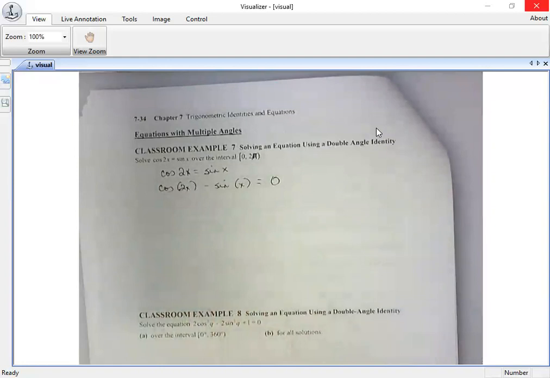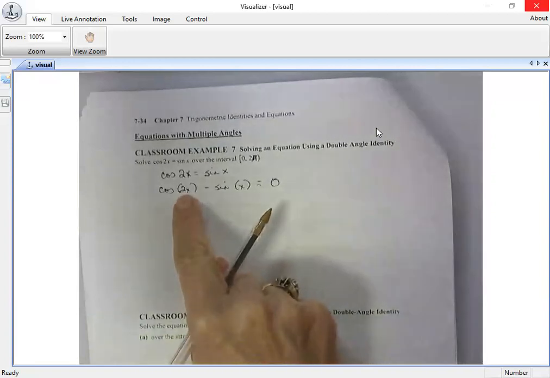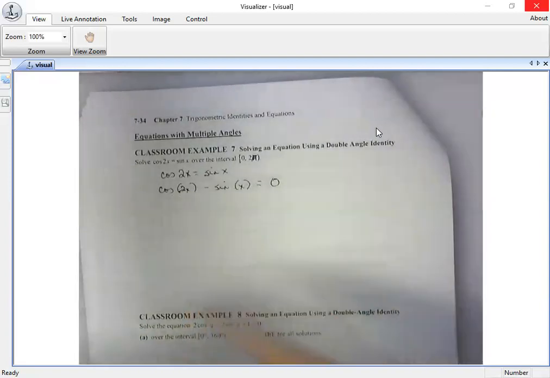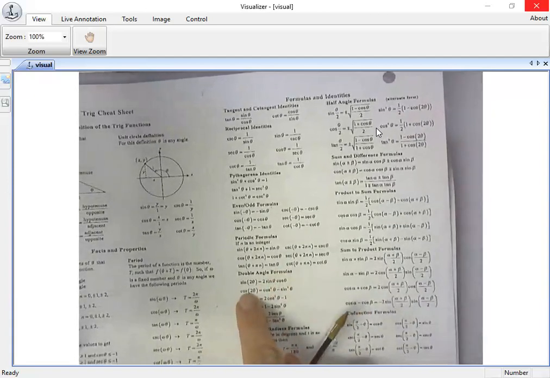Is there anything else that you notice that maybe I need to deal with? There is a double angle, correct? It's not the cosine of angle x, it's the cosine of 2 times angle x. So if I look at my double angle formulas, I've got a lot of options on how to replace cosine of 2 theta.